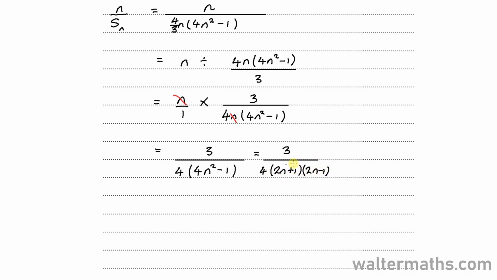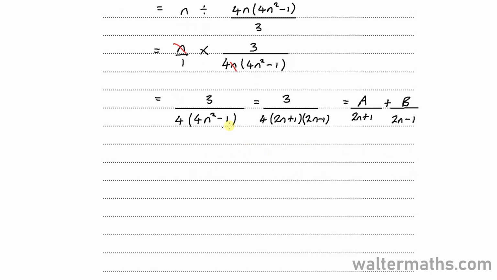Now if we want to express this in partial fractions, we'll say this is equal to A over (2n plus 1) plus B over (2n minus 1). So we're going to come out with an identity, which is 3/4 is equal to A of (2n minus 1) plus B of (2n plus 1).